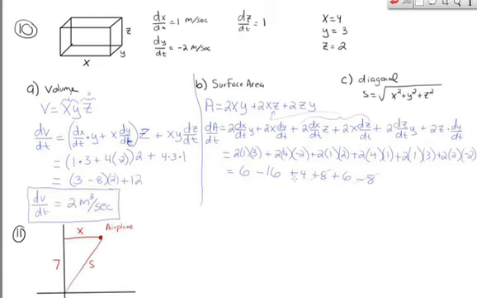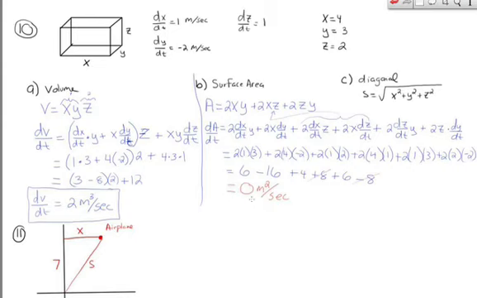So 6 and 6 is 12, plus 4 is 16, minus 16 equals 0. So it's changing at 0 meters squared per second, because it's area per second. So the end result is my surface area actually is not changing at all based on the rates of change of the 3 sides.